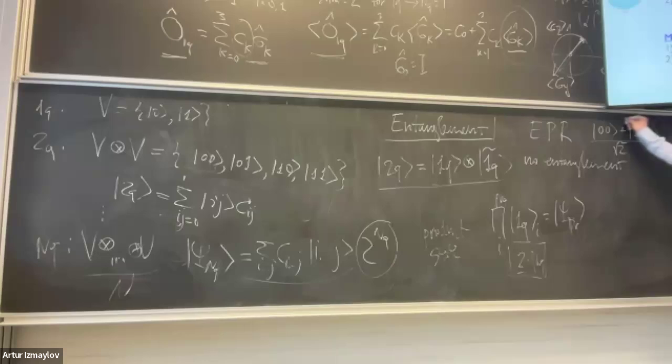If you construct this state, then you could simply model these qubits as photons. With photons, you could use polarization, horizontal or vertical, to encode 0, 1. Then you could send one photon to Mars, and another stays on Earth.